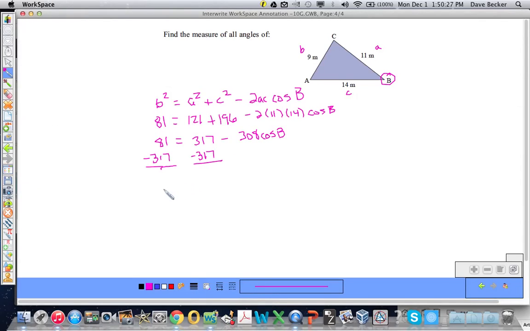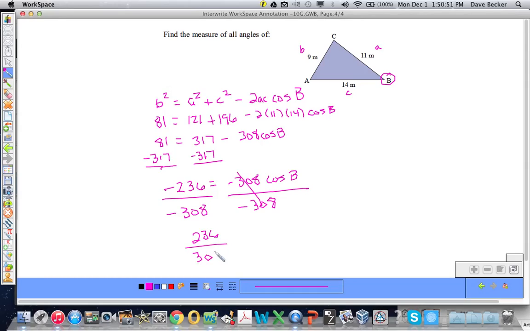Okay, so negative 236 is equal to negative 308 cosine of B. Divide both sides by negative 308. And a negative divided by a negative is a positive. 236 over 308 is equal to cosine of B.